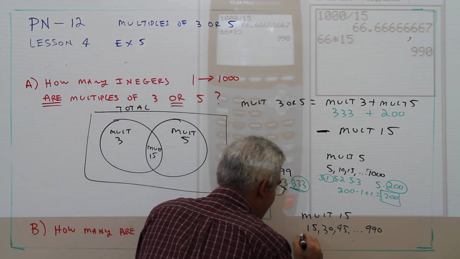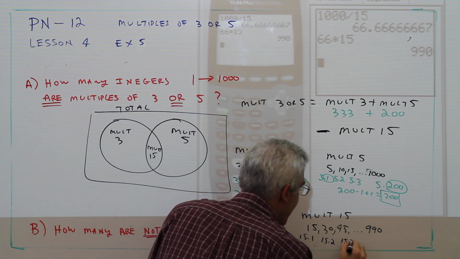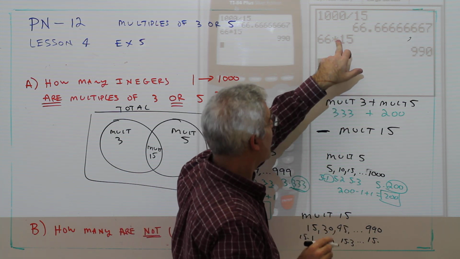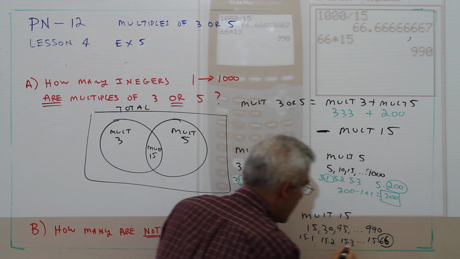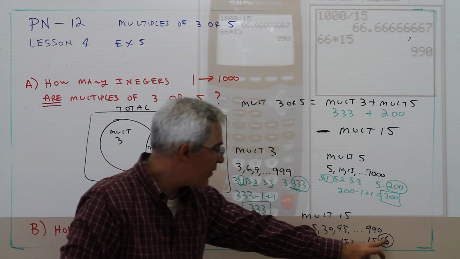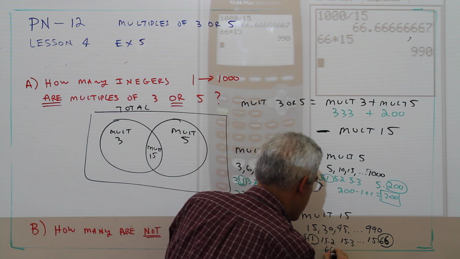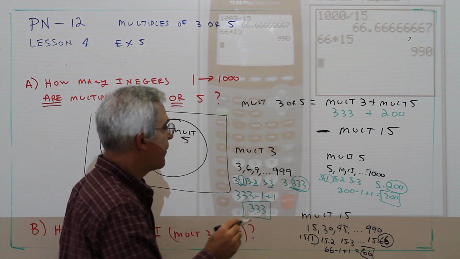Okay, so now I've got 15 times 1, 15 times 2, 15 times 3, up to 15 times 66. So again, I take 66 minus 1 and add 1. And that's 66.